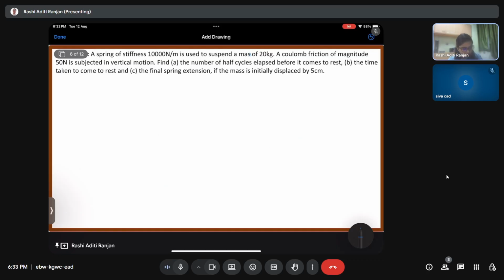So first we'll just make the system. So we have a mass suspended like this. Okay. We have the stiffness K as 10,000 Newton per meter, and we have the mass M 20 kgs.